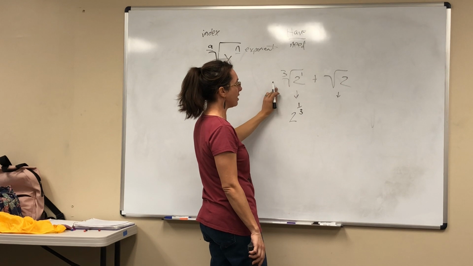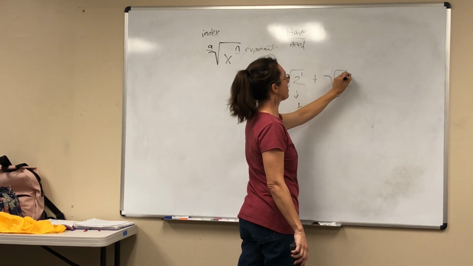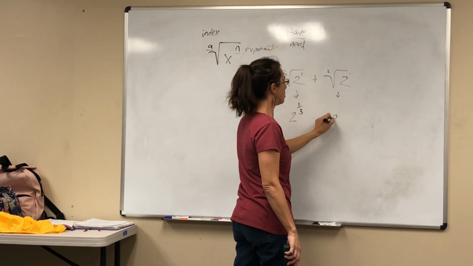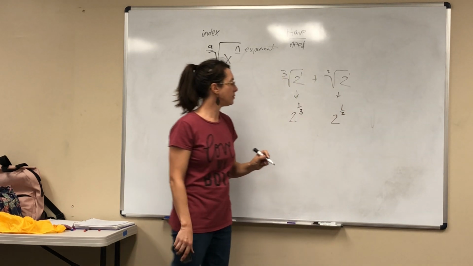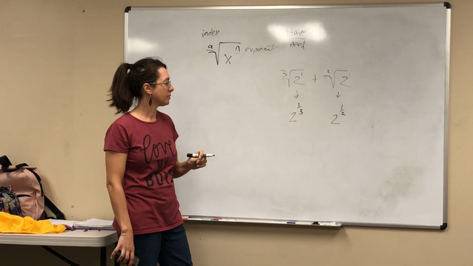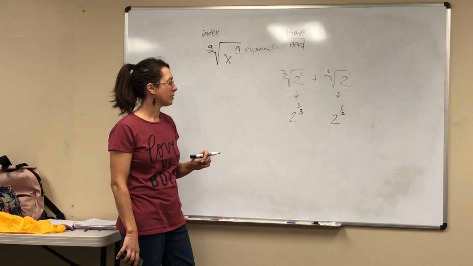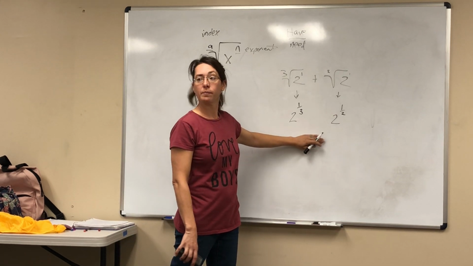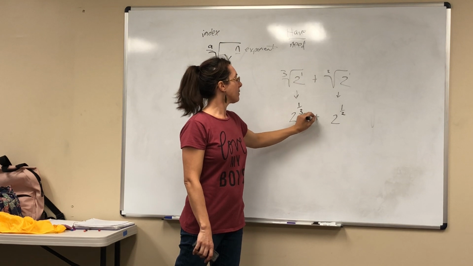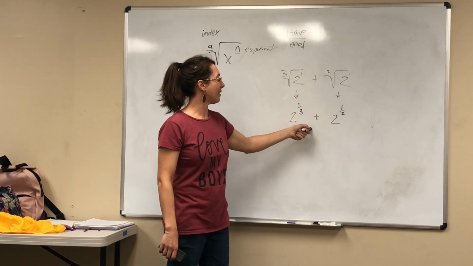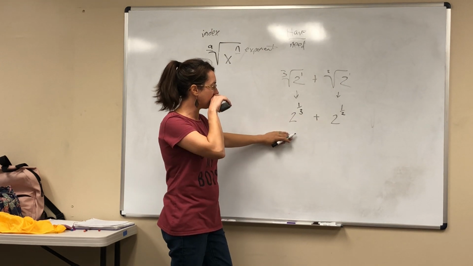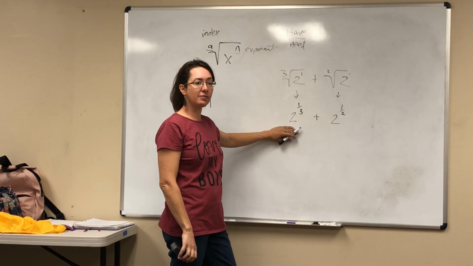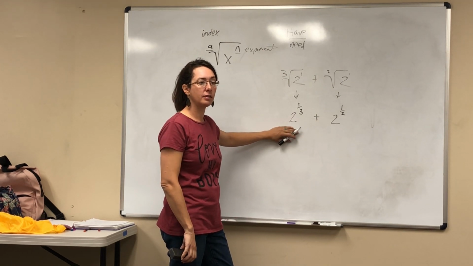So 2 really has that. And what does this really have? 2 to the 1/2. That's it. So now if we add them, what is our rule for adding with fractions? The bases have to be the same, right?